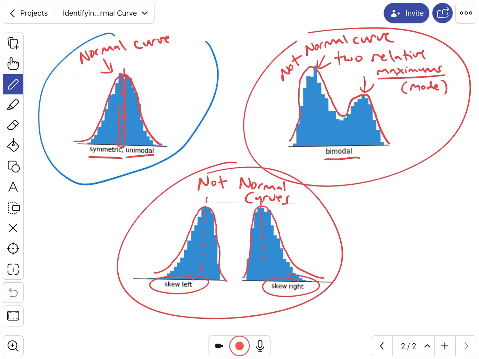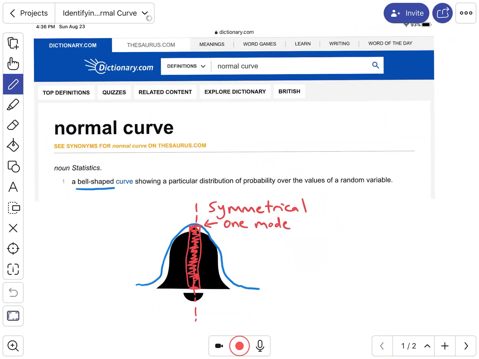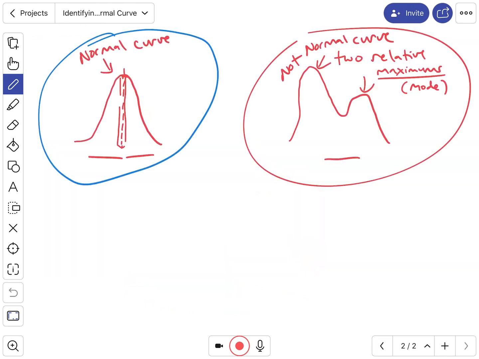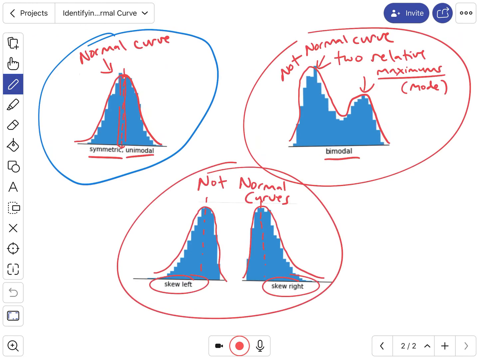So you want to look at both of those properties: symmetrical and one mode, one peak, one maximum, right in the middle. It is not skewed, and it is not bimodal or has more than one mode or maximum.